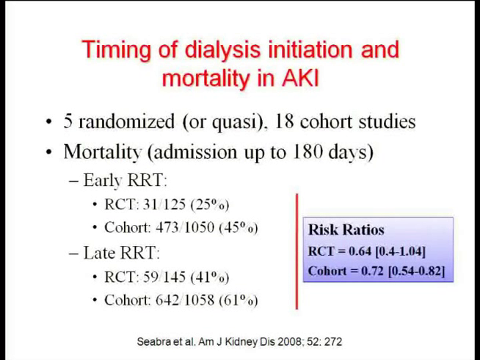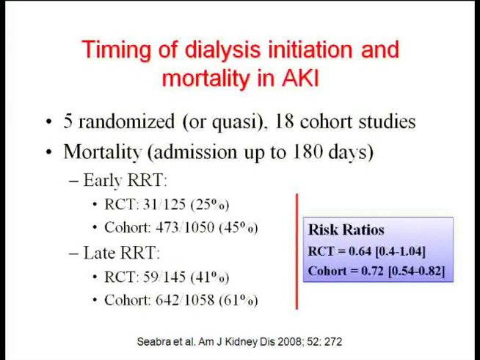The range for late initiation was between the mid-70s and the low 200s. So just keep that in mind. These are very heterogeneous data. And what it shows is that looking at mortality up to 6 months in different studies, patients who had early initiation of renal replacement therapy had, in the randomized clinical trials, a death rate of about 25%, 41% in the late starters.